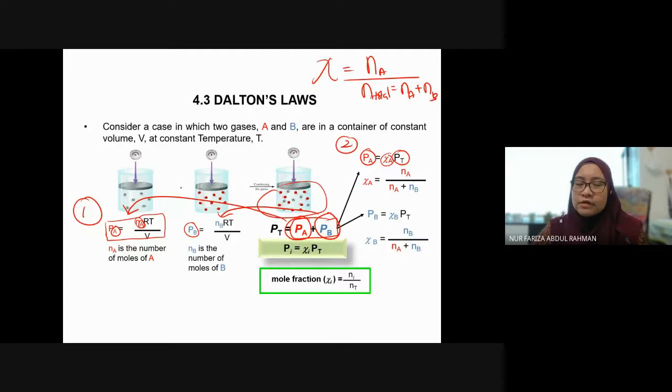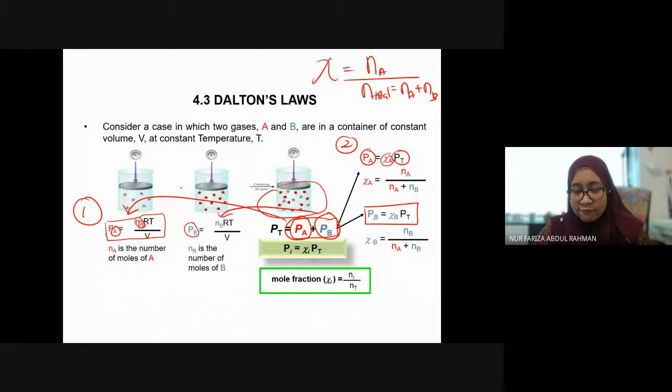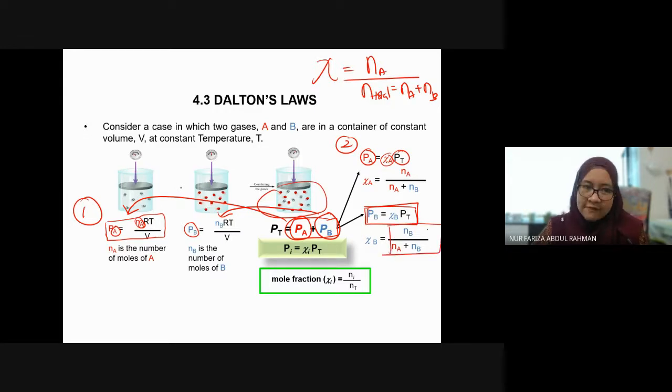Okay, so this is what we call mole fraction for A times P total. Same goes to PB, okay, in order to calculate for partial pressure of B, we are going to multiply the mole fraction of B with P total. Okay, alright, so this is how you calculate for mole fraction.